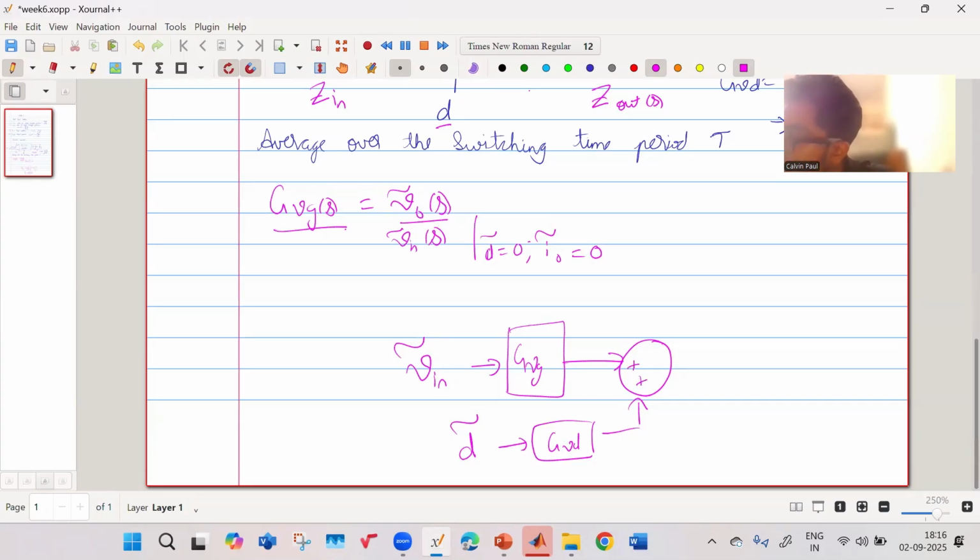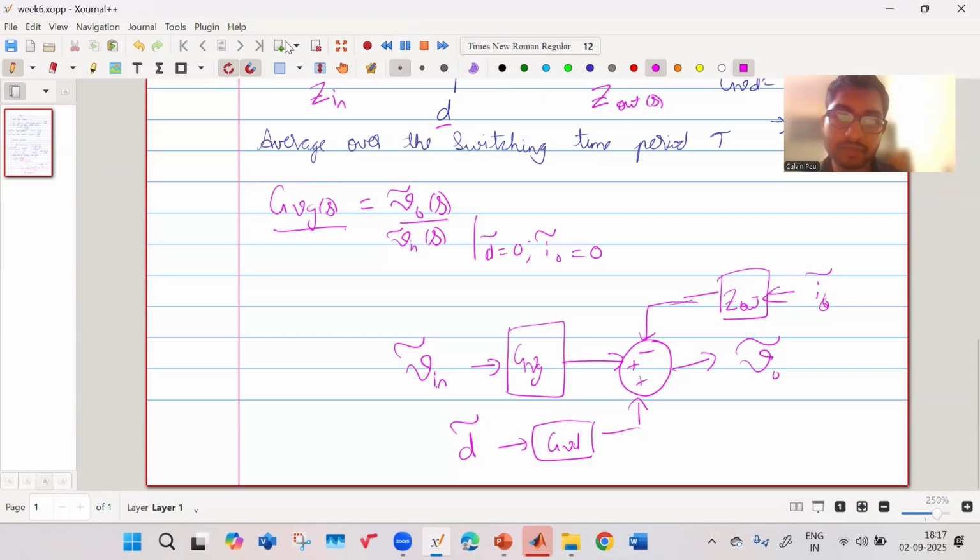These all get added. Similarly, you have your output impedance, and this is your I output perturbation. So all these together effectively form your V output perturbation. That is, we are seeing the contribution of each of these transfer functions. So your perturbation in your V output is dependent on your perturbation in your load current, perturbation in your input voltage, perturbation in your duty.